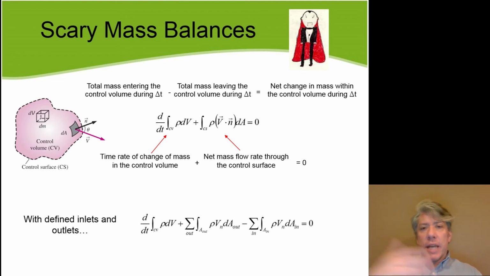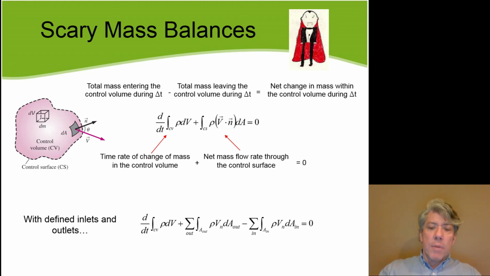Now, if we take this balance a little bit further and we define particular inlets and outlets, then the first term is still the rate of change of mass within the control volume, but now we can separate out that second integral over the control surface into a summation over whatever areas have outflow, that's the first term there, and inflow, so you see that second term.